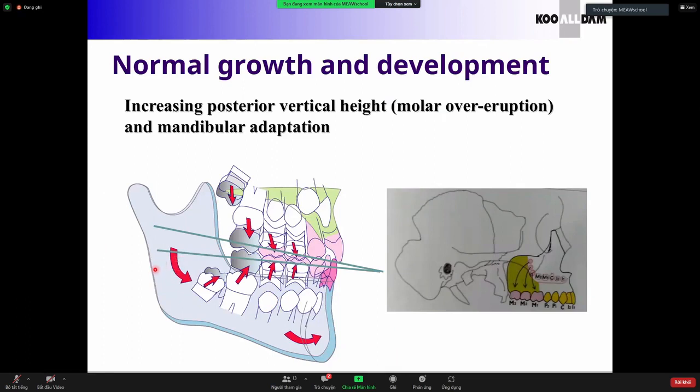However, we should think again from normal growth and development during this time, and then increasing posterior vertical height, this means molar over eruption. As a result, we can see the mandibular adaptation to forward.